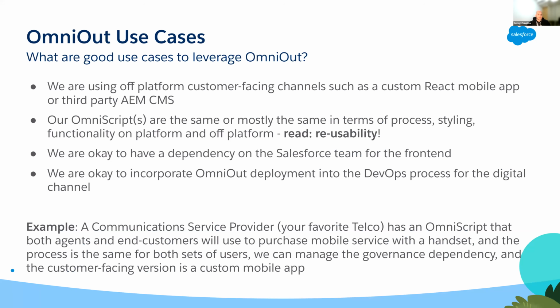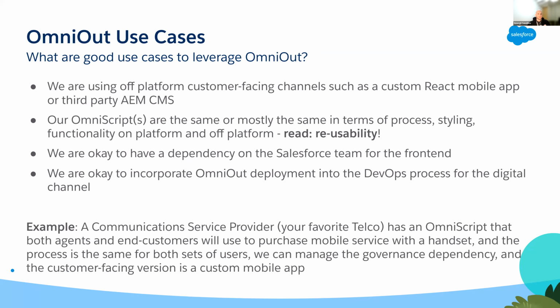So good use cases to leverage OmniOut are where we have some kind of off-platform customer-facing channels. This could be a React Native app. This could be a third-party web server or CMS like AEM. Our OmniScripts that we want to use for both OmniOut and inside of Salesforce are the same or mostly the same in terms of the actual process itself, in terms of the styling, in terms of the functionality.